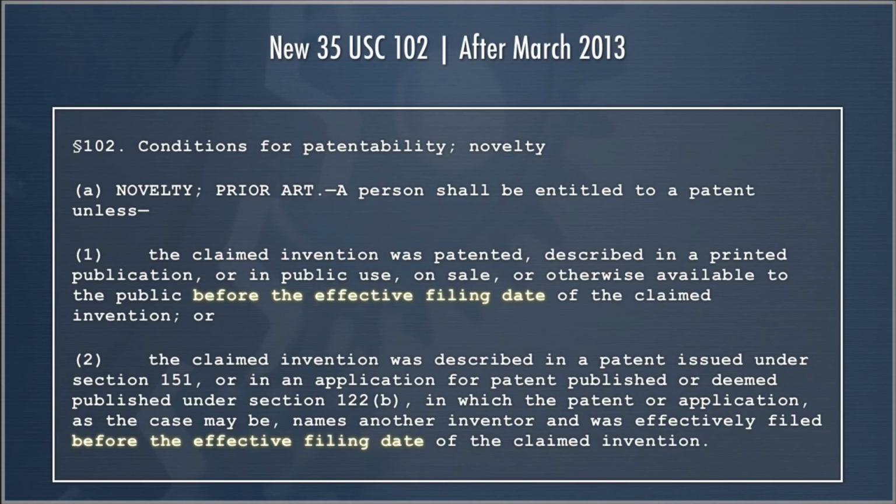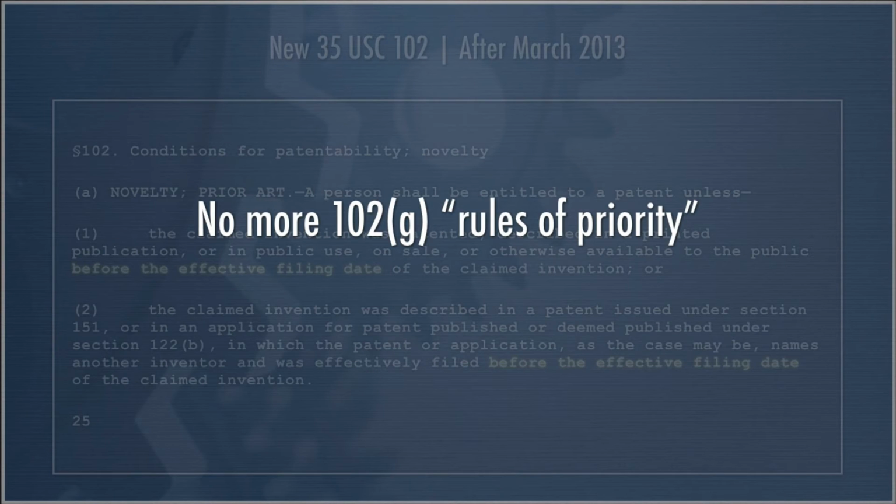All right, so again, first to file comes into play this March, and this is all about effective filing date. You'll recall this from the last class. Effective filing date is the key, which means really there's no more 102(g) rules of priority. There really isn't such a concept as a rule of priority.